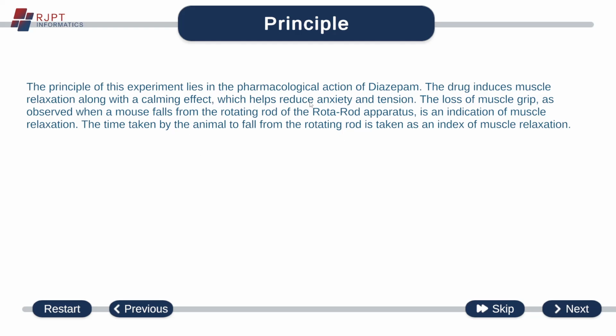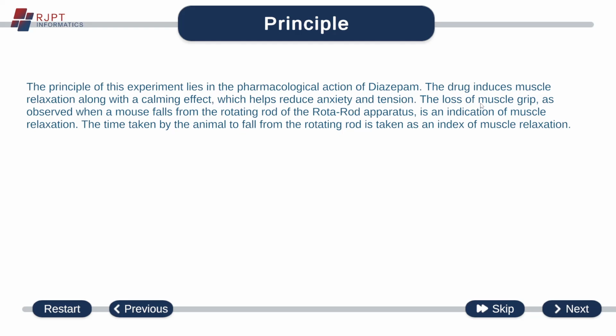So the principle says that the experiment lies on the pharmacological or therapeutic action of diazepam. The drug induces muscle relaxation, so we are studying the muscle relaxant property of diazepam. This drug relaxes the muscles along with a calming effect, which helps reduce the anxiety and tension of the animal.